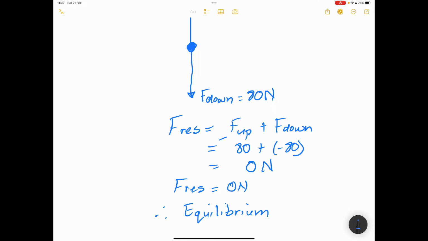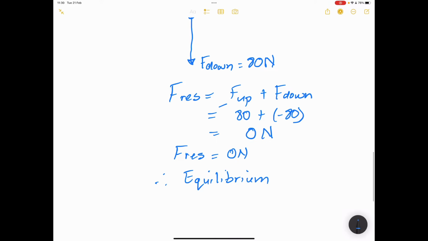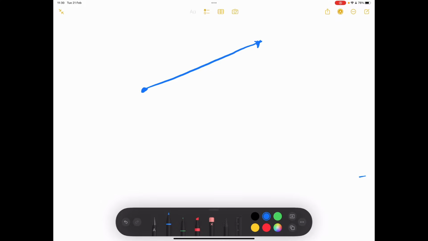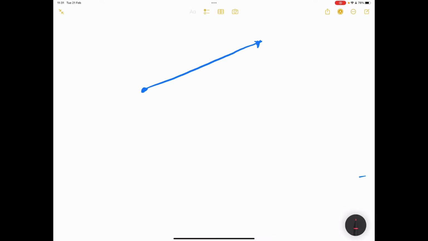Right. Now I want us to talk about when forces are not at either horizontal or vertical. So in this case, let's just say you've got a force that would be applied. Let's say there's my force there. Can you see, ladies and gents, it's neither horizontal nor vertical?